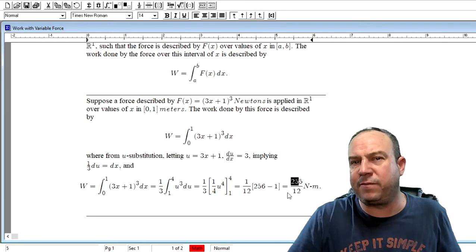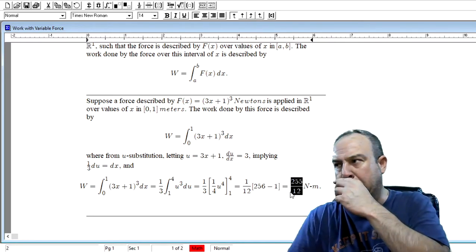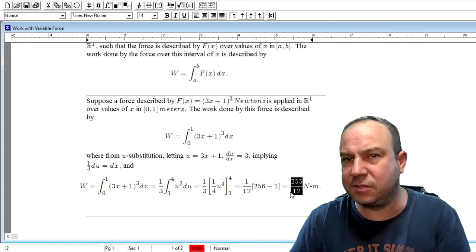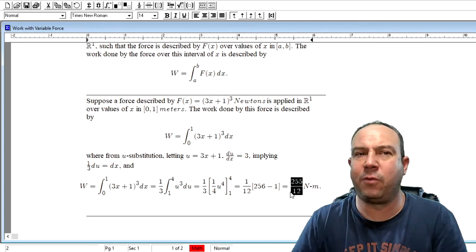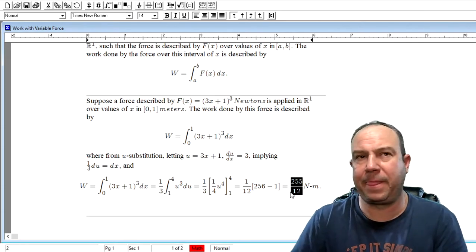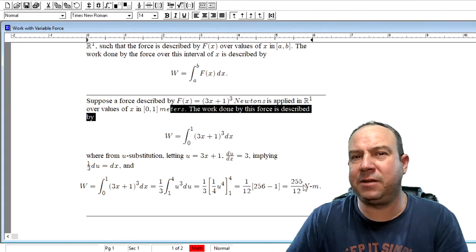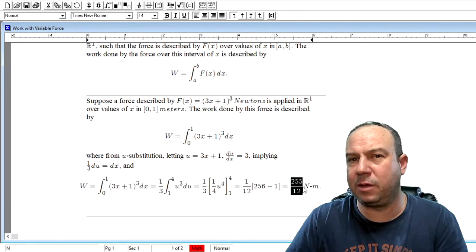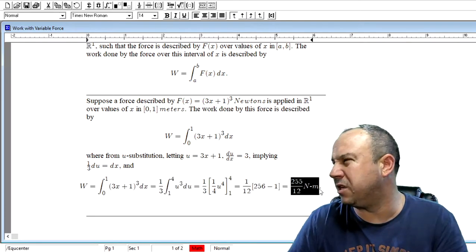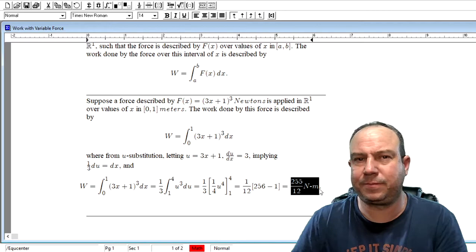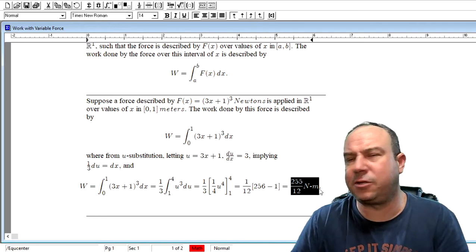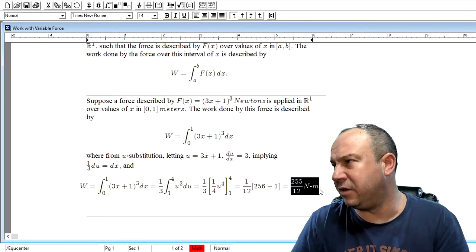So we have 255 twelfths Newton meters as a measurement for the work being done here. All right? Force is in newtons, distance is in meters, so the interpretation for work is a measurement known as a Newton meter. And the integration leads us to 255 twelfths of a Newton meter.